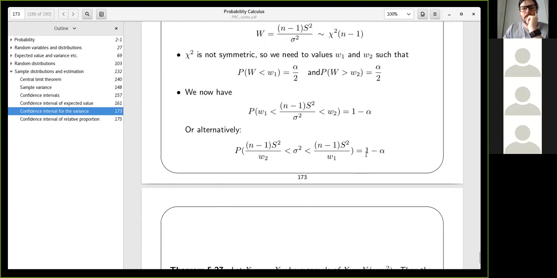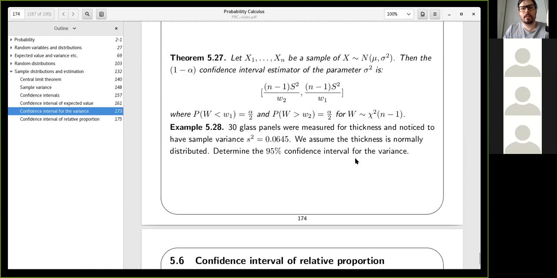If this probability is 1 minus alpha, this gives us the theorem that if we have a sample from a normal distribution with mean mu and variance sigma squared, then the interval estimator of the parameter sigma squared, the variance, can be calculated with a lower limit of n minus 1 times the sample variance divided by W2, and an upper limit of n minus 1 times the sample variance over W1.